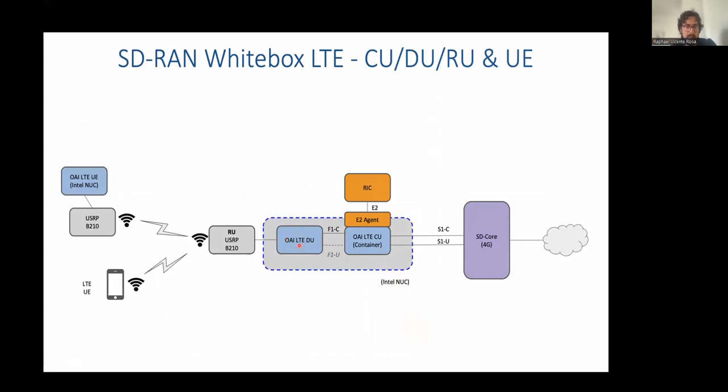And what was defined was the establishment of the E2 agent, not only in the CU component, but later also in the DU component for the RAN slicing service model use case. And this E2 agent elaborates the abstraction of how the KPM service model, for instance, can be implemented on top of this stack.